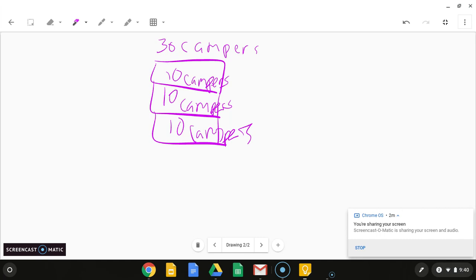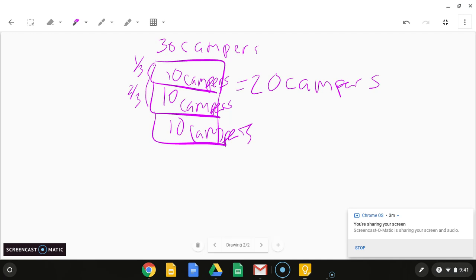Okay, so they tell us that 2/3 wore green jackets. So what I need to see is that 1/3 is going to be 10 campers. Then 2/3 is 2 boxes here. So 2/3, that's how many campers wore green jackets. So these 2 boxes equal a total of 20 campers.